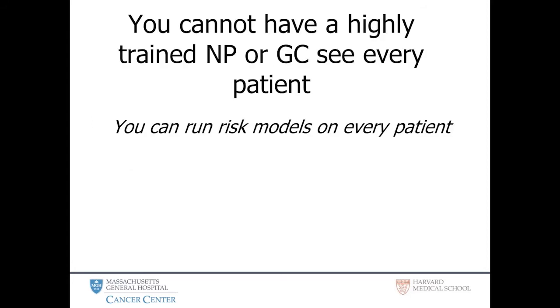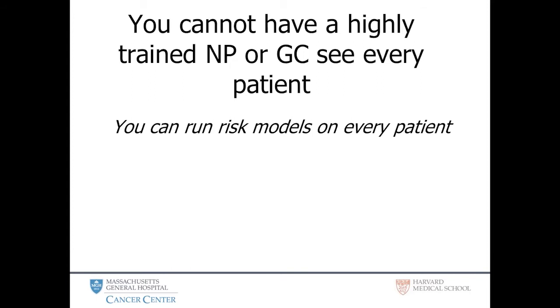Now, why that's important is that you cannot have a nurse practitioner or genetic counselor see every single patient walking through a breast center or a mammography center, because we just don't have the manpower to do that. But you can run risk models on every single patient.